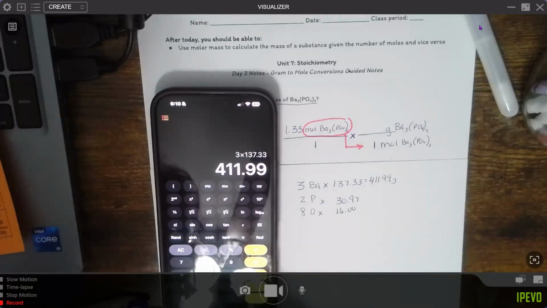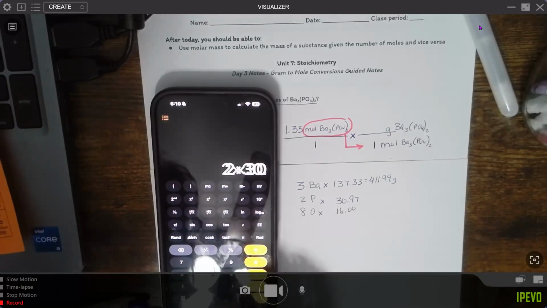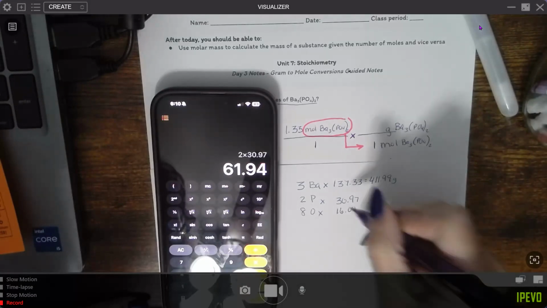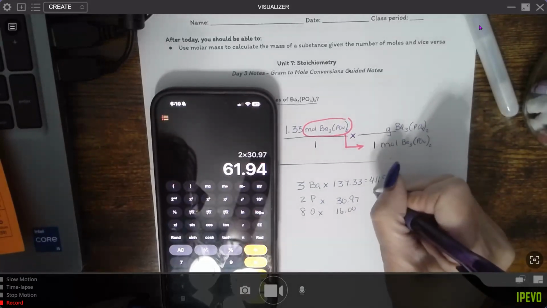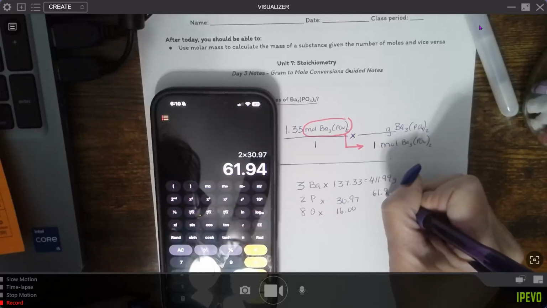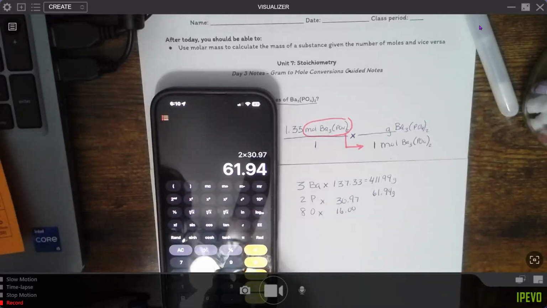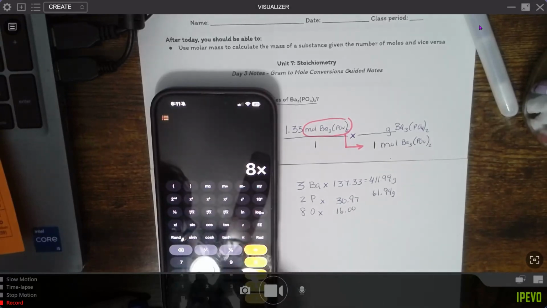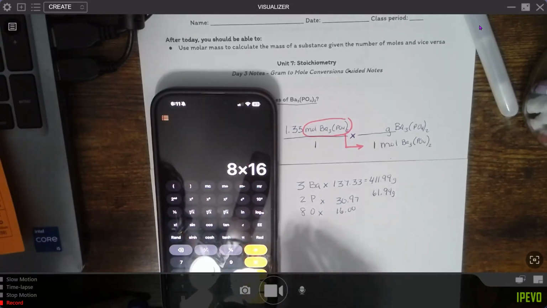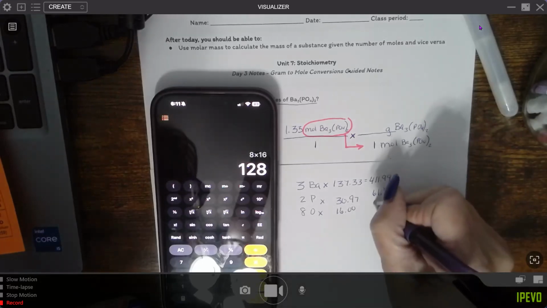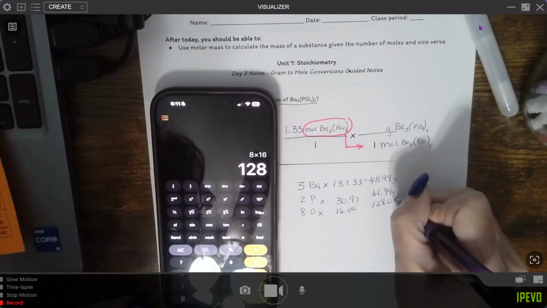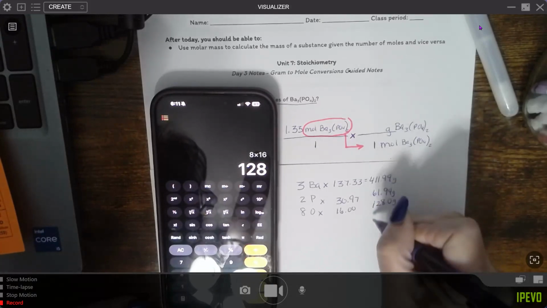We're going to do 2 times 30.97, so phosphorus is going to contribute 61.94. And then oxygen, 8 times 16 is 128. We're going to add these 3 numbers together.